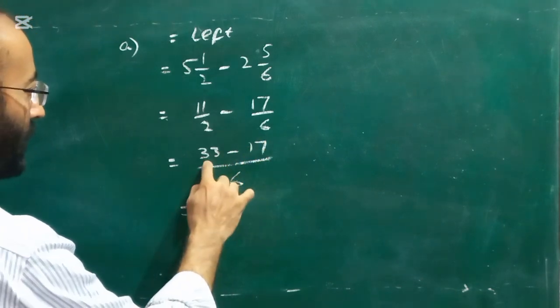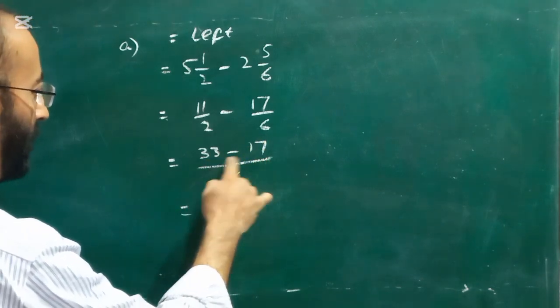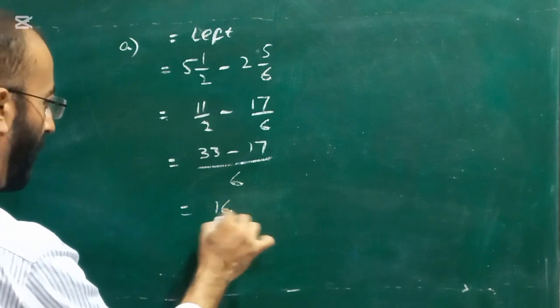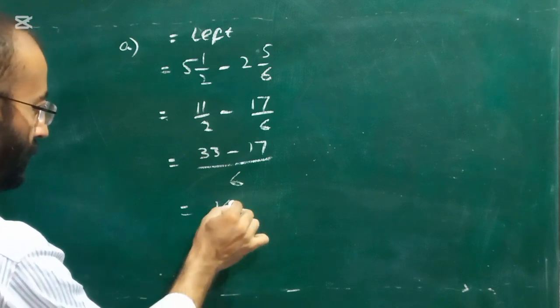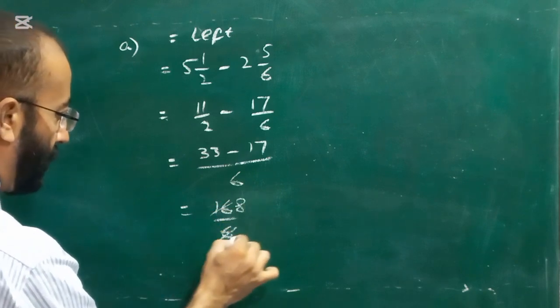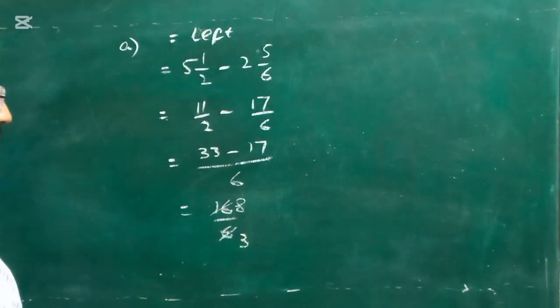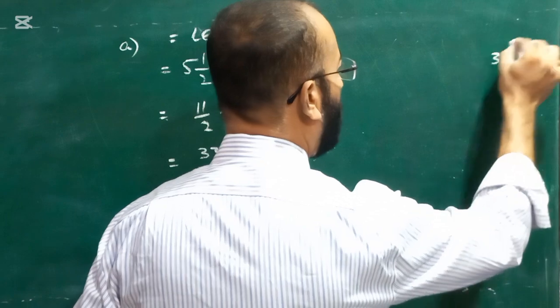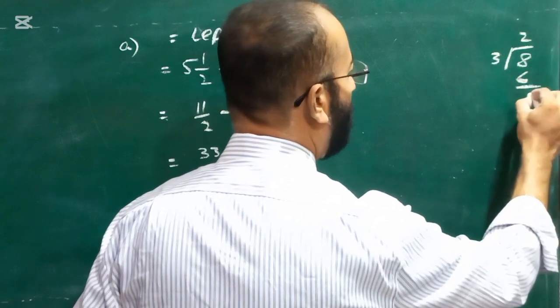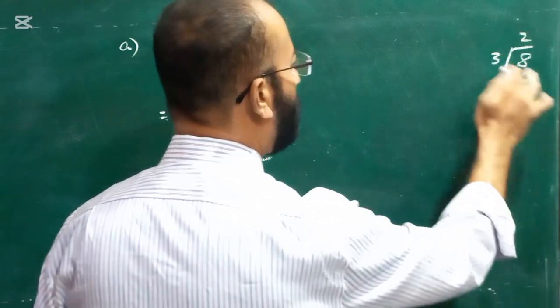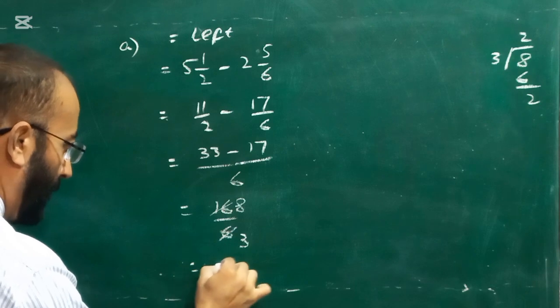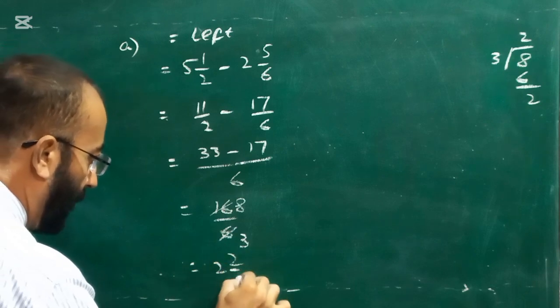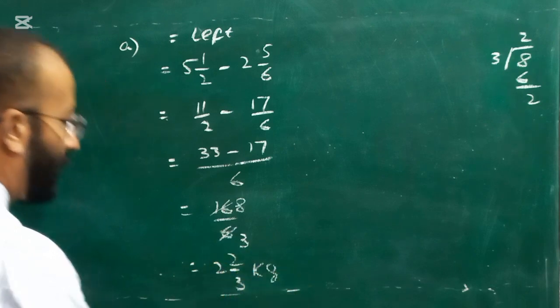So 33 minus 17 will be 16 by 6, and 2 8s are 16 and 2 3s are 6. Divide the numbers. So 8 by 3. 3 2s are 6. Remainder is 2. So 2 whole number 2 by 3 is the answer. That is the flour left.